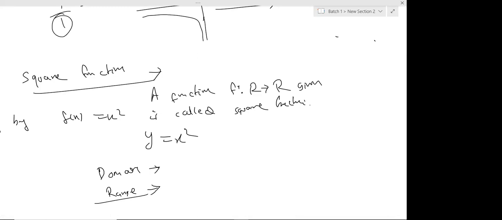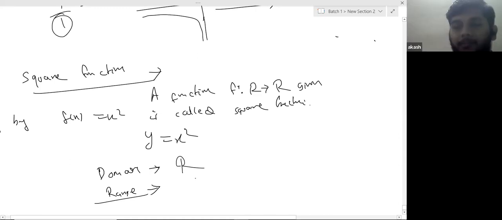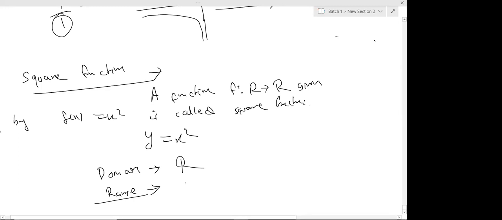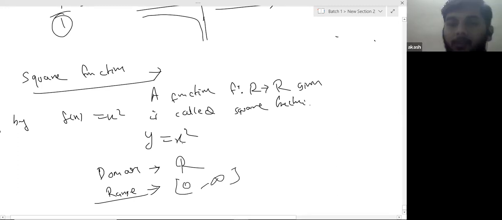Irfan? Sir, domain is R. All right, and range? Shabya, what is the range? 0 to infinity, right? Because square of something is never negative.